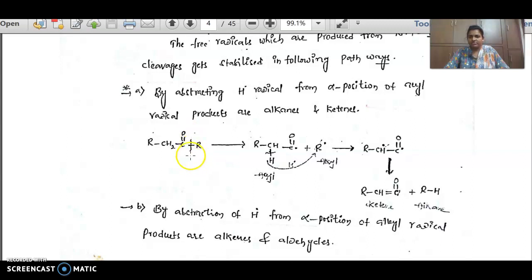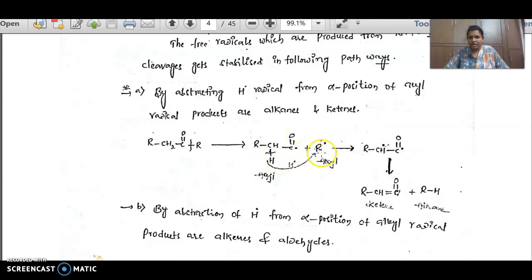This bond is cleaved and we are getting an R radical and a CH2C double bond O radical. The alkyl radical will take hydrogen from the alpha position of the acyl radical. This is the acyl radical. From the alpha position, homolysis occurs. This hydrogen is taken by this, then this bond is breaking. You will get a radical here and here also a radical.